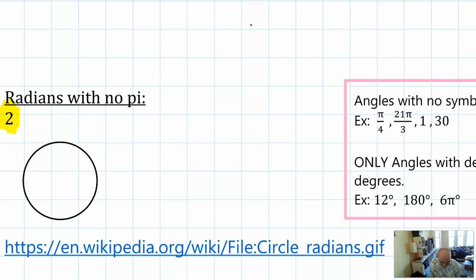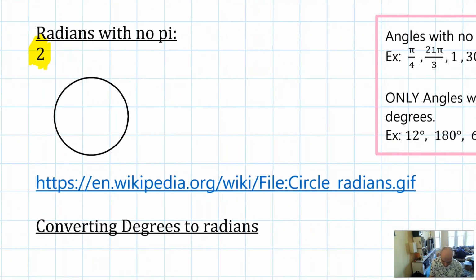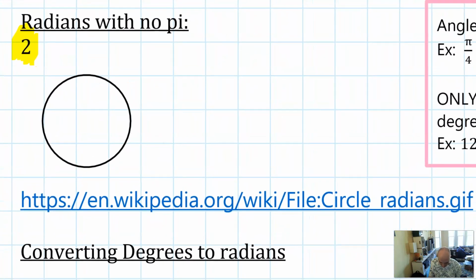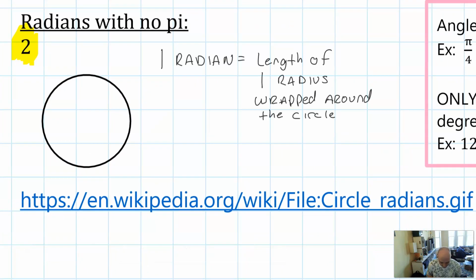So how, back to this idea, do I mean by a radian with no pi? We've been thinking about radians as proportions of the total circumference 2 pi, but technically 1 radian is officially defined as the length of 1 radius. That's why it has that name, by the way.